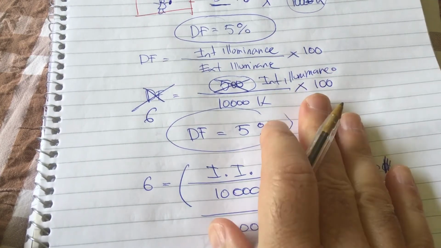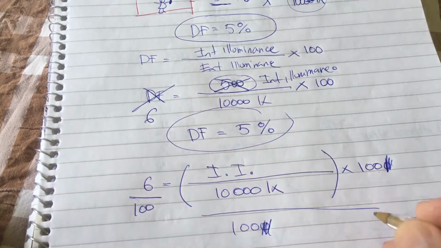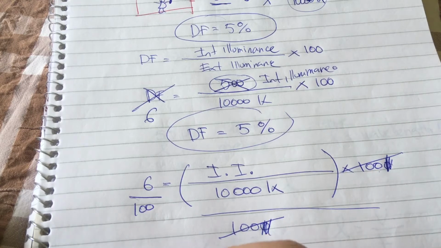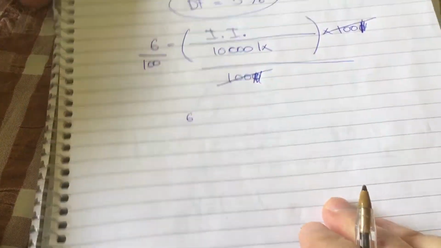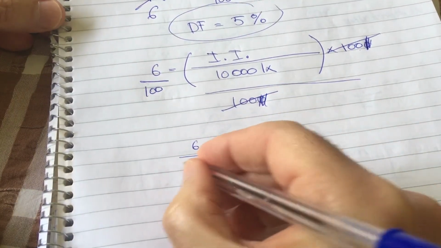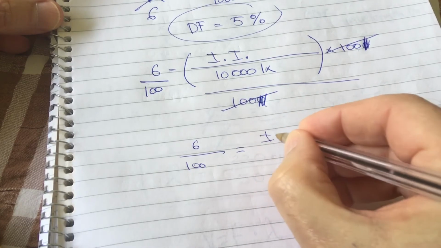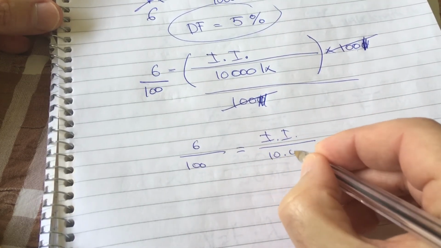And if I divide all this by 100, I have to divide this by 100, yes? So this disappears, and I'm going to rewrite this again, clearer, like this. 6 equals I divided by 10,000.